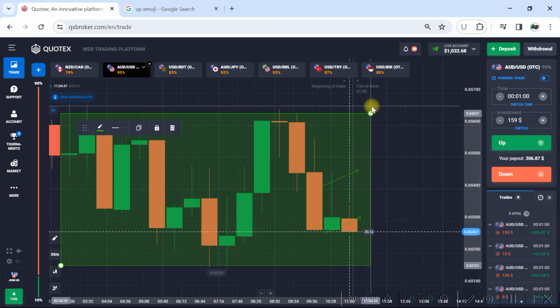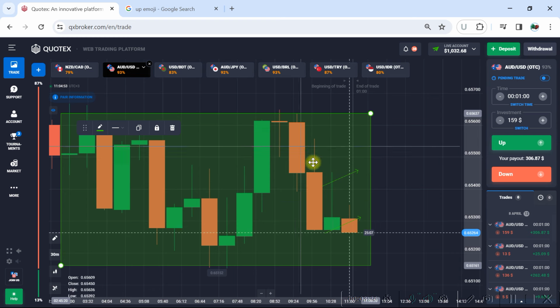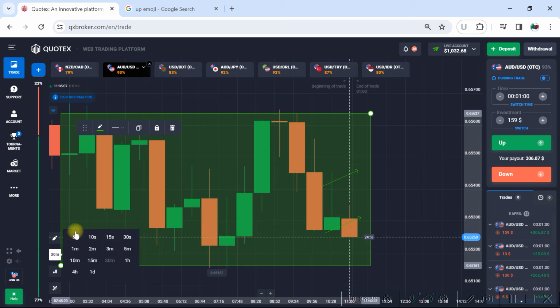It's going to the bottom, and probably it will go back to the top. On the 30 minutes time frame, we see that there is still potential of price breaking this support level that we created with our trend line and going to the major support that we have on the rectangle. So we'll go back to the 1 minute time frame.